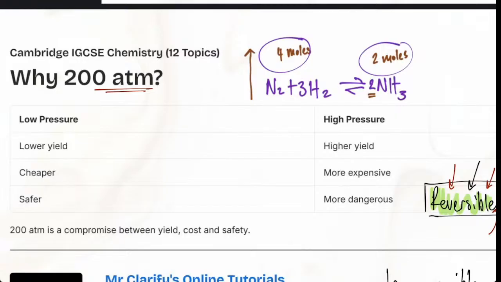How many moles are at the left-hand side? Can you see in the circle there? How many? How many moles are at the left?